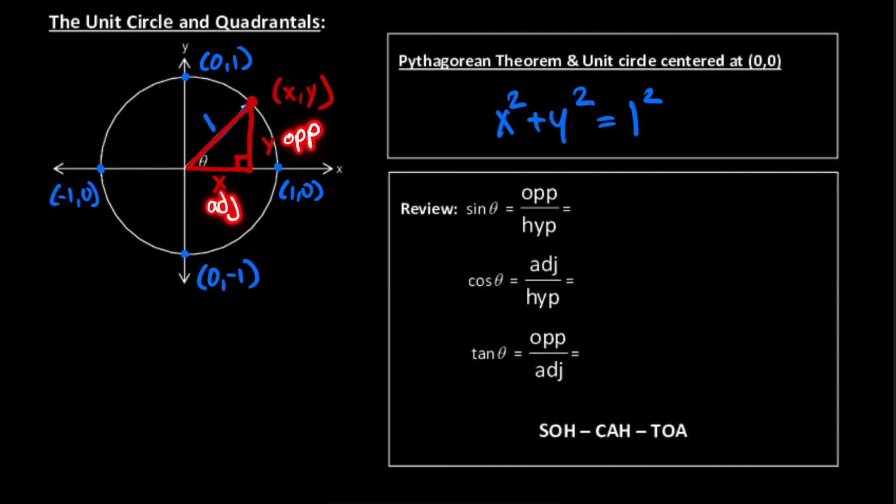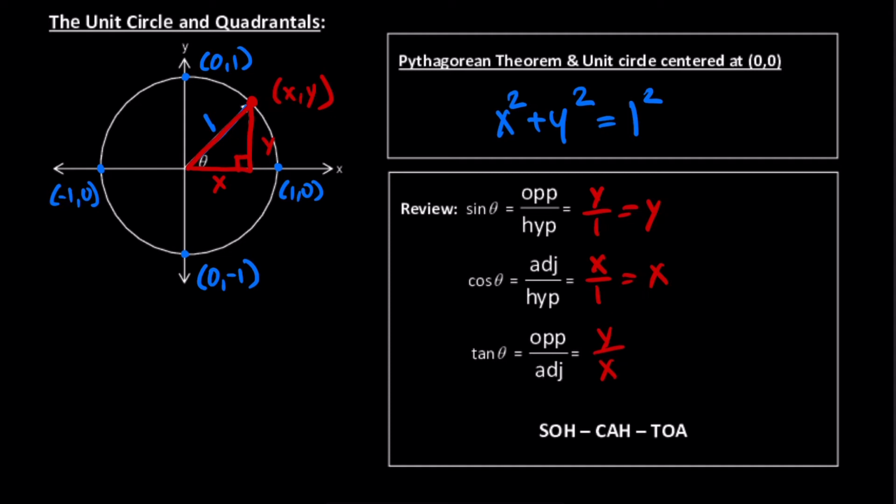That's adjacent. That's hypotenuse. I've got an x, a y, and a 1. Let's use those to figure out these trig ratios. Opposite over hypotenuse: y over 1, and that's just y. Adjacent over hypotenuse: x over 1, which is just x, and opposite over adjacent is y over x.